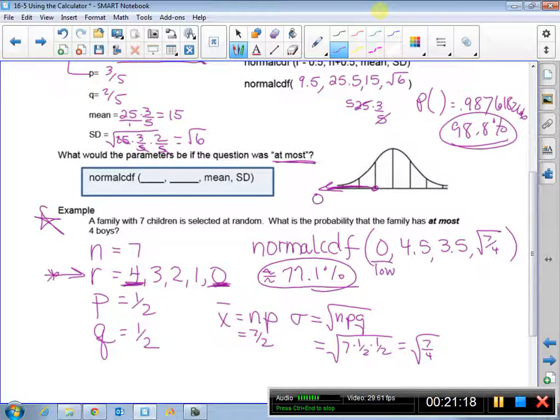We can do Bernoulli's with this normal CDF. You have to use it if you get a big, huge number for your at least or at most. And then you just have to think of your low and your high. Add on 0.5, subtract off 0.5 unless it's 0. Your mean is n times p, and your standard deviation is a square root of NPQ. Could come in handy.